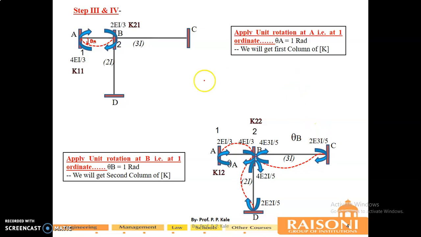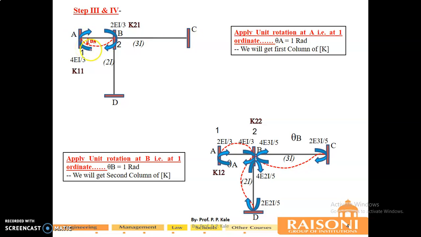Now giving ordinate number 1 to joint A and ordinate number 2 to joint B, apply theta A at joint A and put the value of theta A equal to 1 radian. So apply unit rotation at joint A.